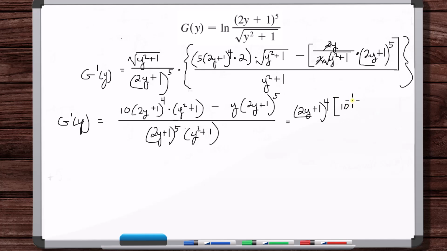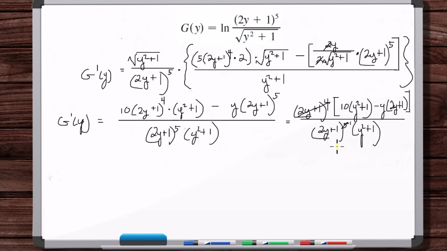So we've got 10 (y squared plus 1) minus y (2y plus 1) all over, so now this cancels and we're left with a 1 here. So we've got 10 (y squared plus 1) minus y.